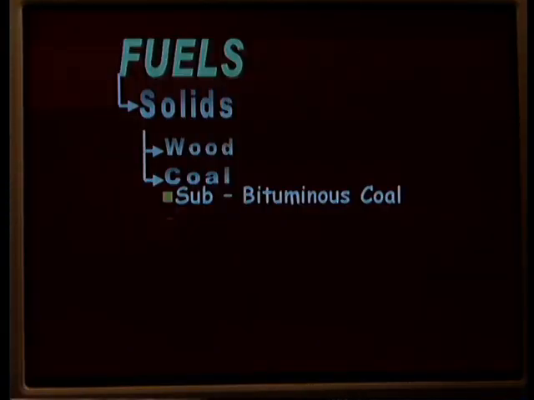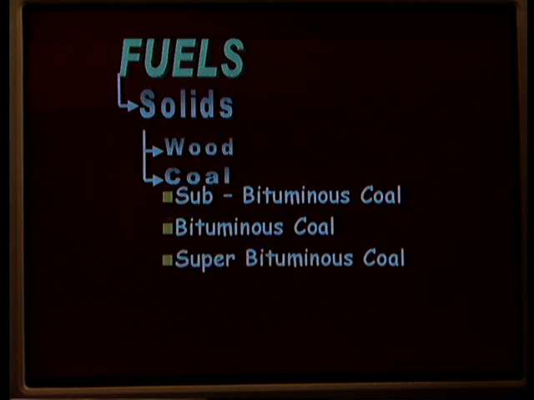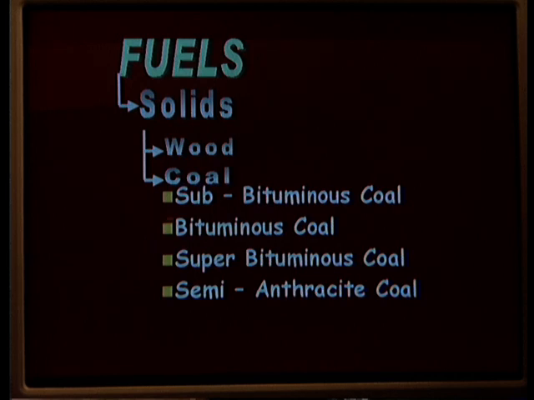We have got some more types of coals. Let us see them. They are subbituminous coal, bituminous coal, super bituminous coal, semi anthracite coal and anthracite coal. Of these, bituminous coal is mostly used for generation of steam.